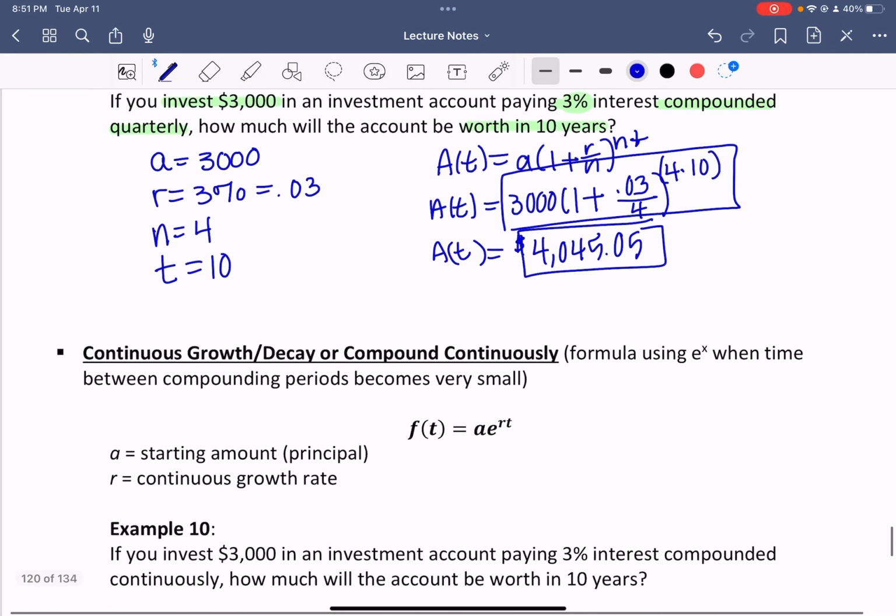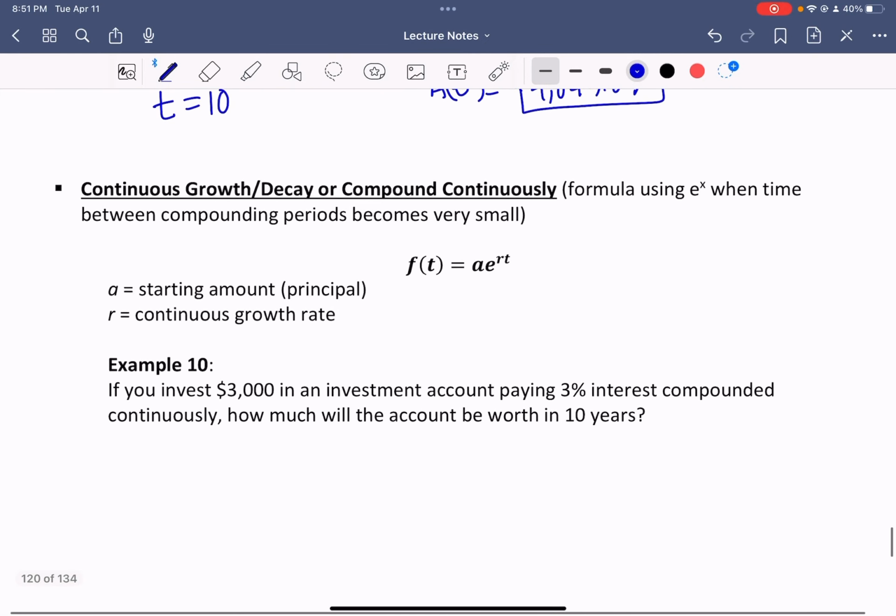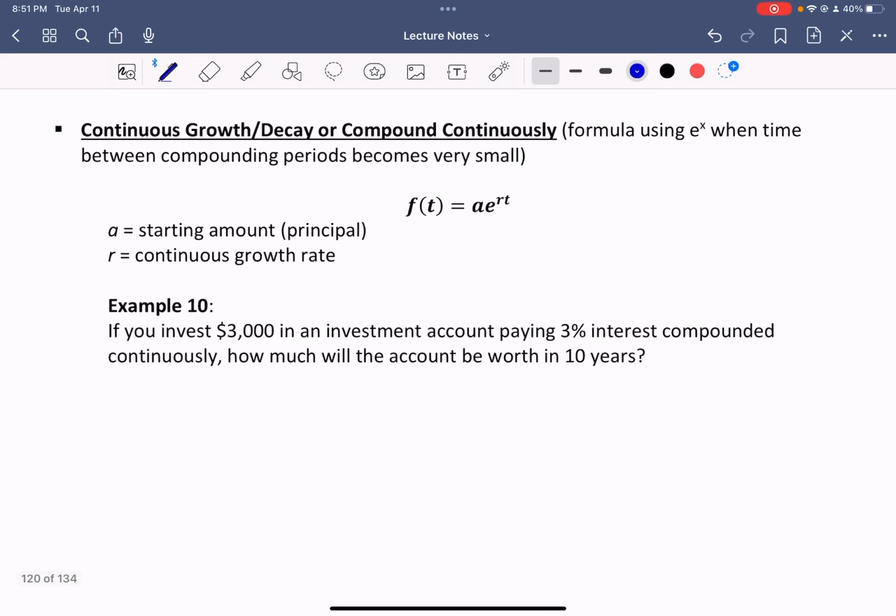Now, things being compounded quarterly, like what we talked about, is not the only way things can be compounded. That's where we're going to pick up our next formula. It says continuous growth and decay, or compounded continuously. This formula is going to be using e to the x when the time between compounding periods becomes very small. Your key words for when to change formula are compounded continuously or continuous growth and decay.